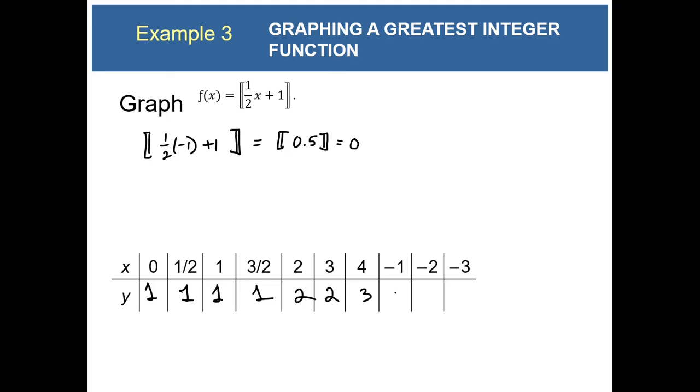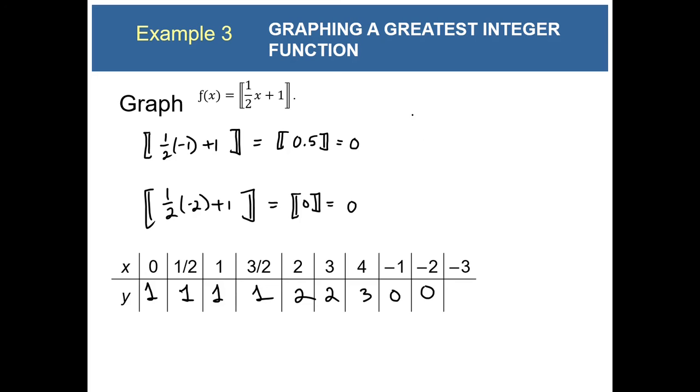So when we plug in -1, we get a 0. Let's plug in a -2 now. 1/2 times -2 plus 1 yields -2 times 1/2 is actually just -1. -1 plus 1 gives us a value of 0. So the greatest integer that's equal to 0 or less is 0.